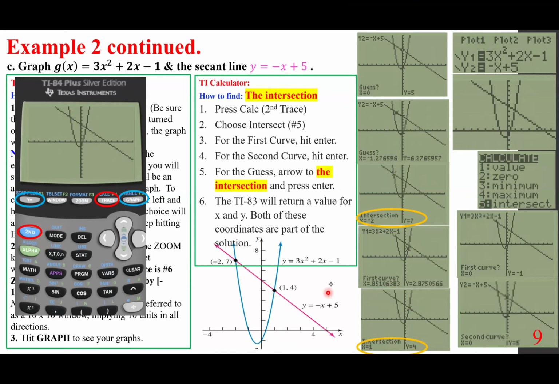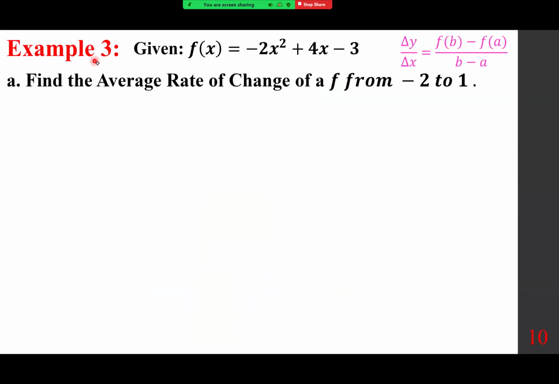So getting familiar with graphing calculators as well. Example 3: given f of x equals -2x plus 4x minus 3, and of course we know delta y over delta x is f of b minus f of a over b minus a. Find the average rate of change of f from -2 to 1.